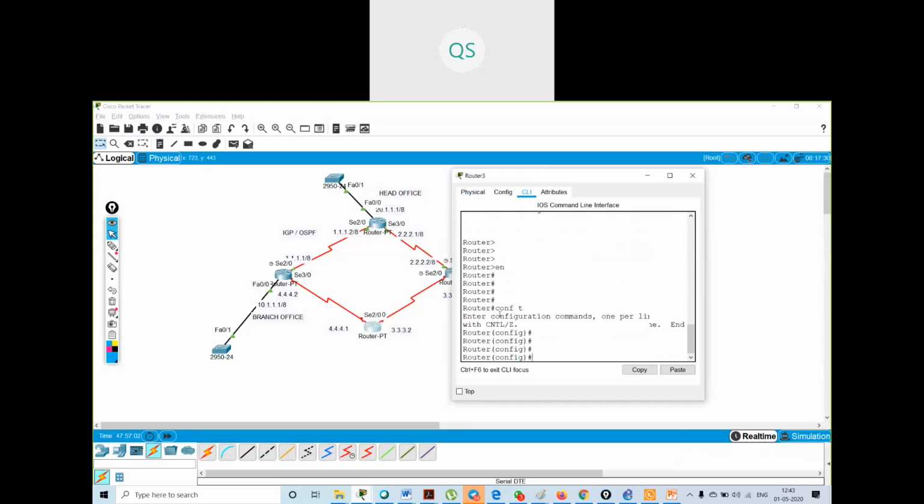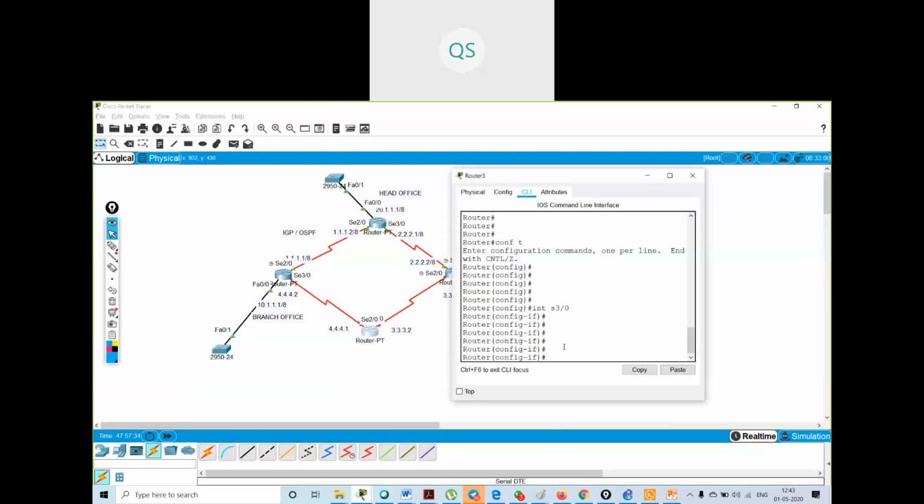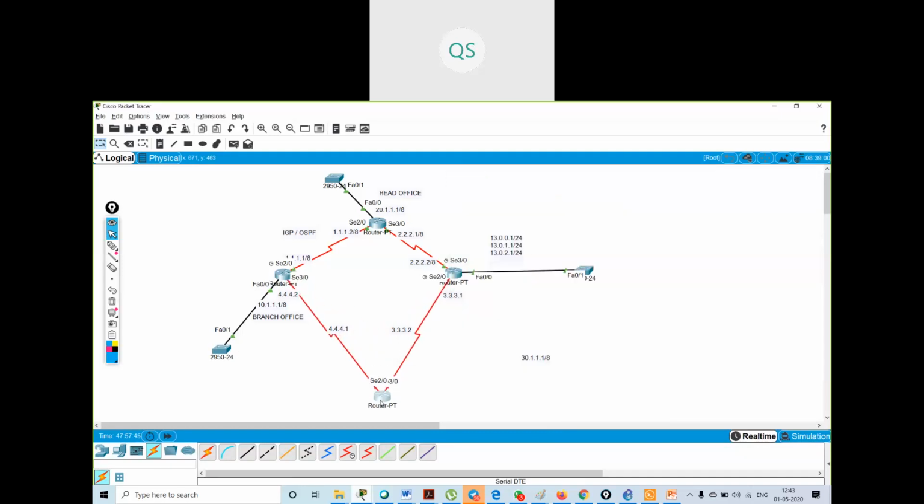Enable, config terminal, interface serial 3/0. Which is 3/0 and which is 2/0?